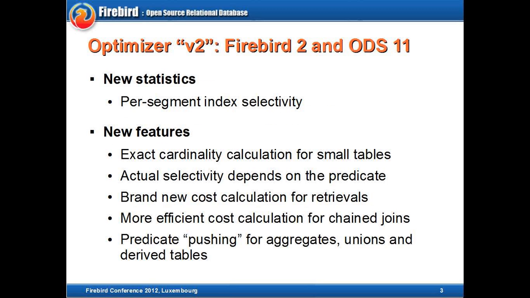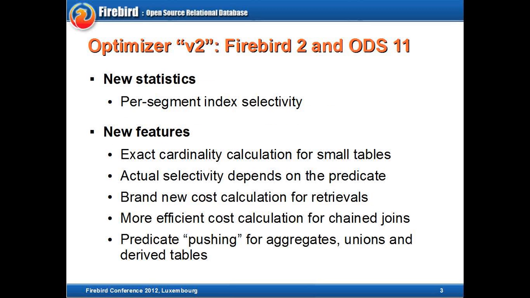Well, I call it the second generation of the optimizer, just because of the number of changes made in that Firebird version. First of all, we introduced a new kind of index selectivity, specifically selectivity related to every index segment.